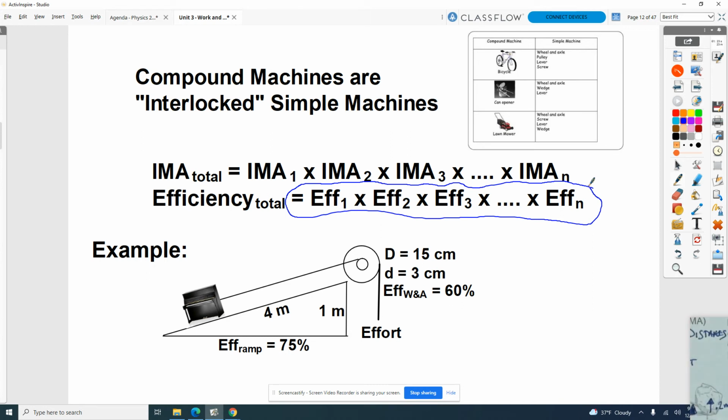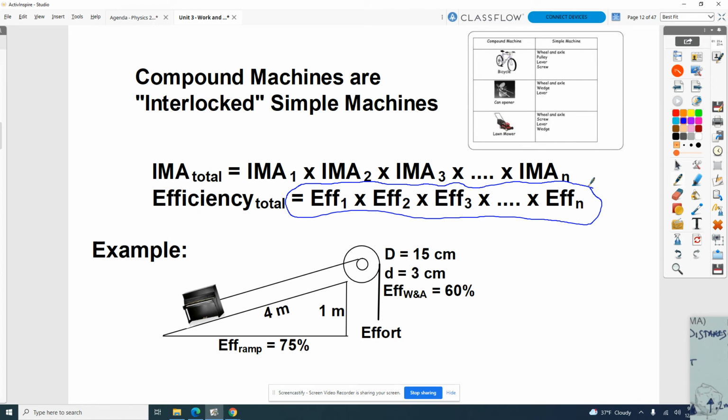So it's sort of like a weak link idea. The least efficient machine is going to have a really big impact. The overall machine efficiency is going to be less than the least efficient one. And so oftentimes when we interlock machines, we have to be very careful about making sure the efficiency is very great for each one of those.